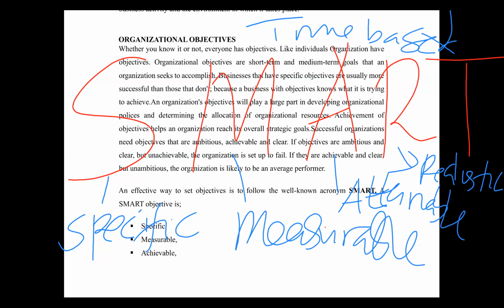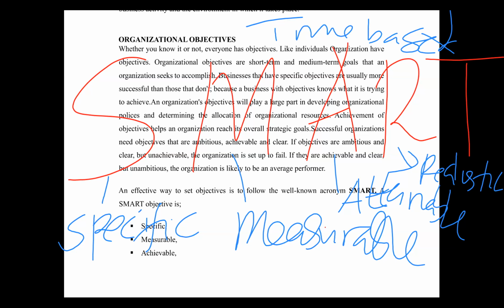Don't set goals that are vague or unclear, because clarity is very, very important. You have to be clear and specific on what you want to achieve as an organization.